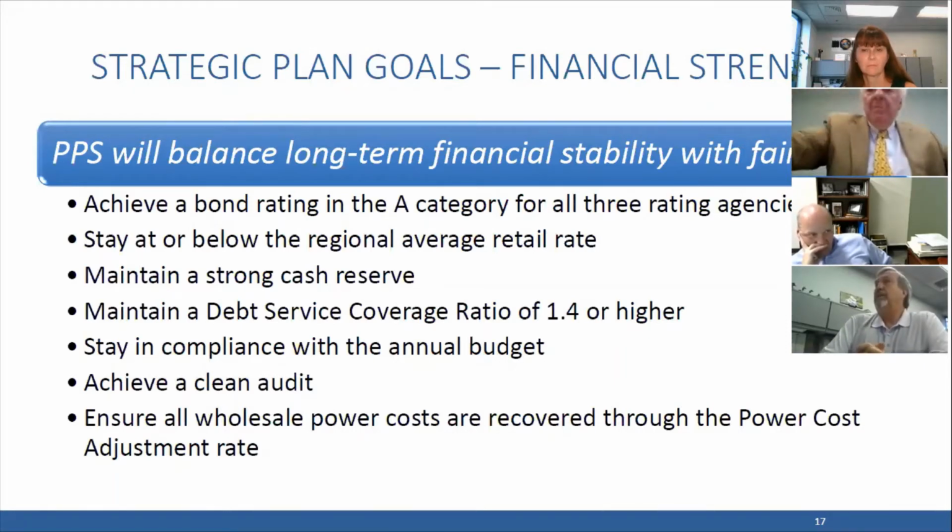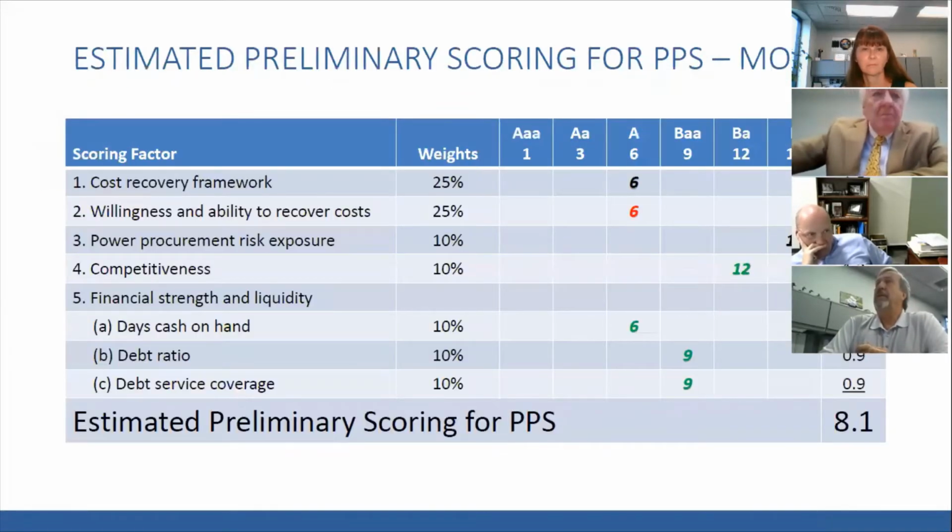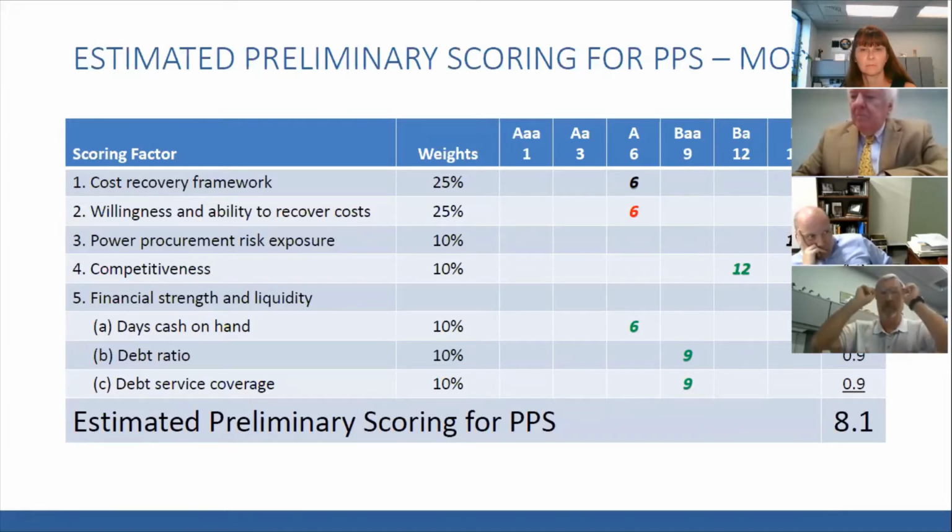When we talk about bond ratings, you can go to the next one. Here's an example illustration for how Moody's looks at our financial strength. These are different metrics for how they come up with our bond rating.